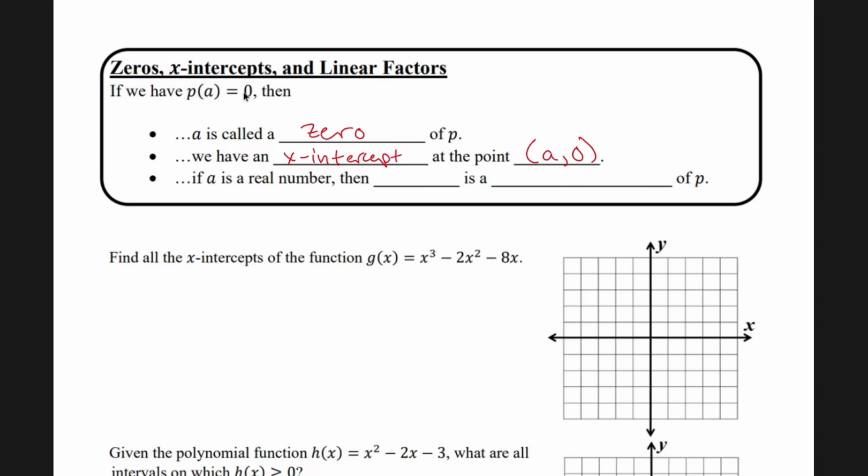So if you plug in 3 and get 0, that means 3 is a 0. All right, and if 3 is a 0, then you have a 0 that lives at (3, 0). And that goes through an x-intercept. If a is a real number, then x minus a is a factor of P, the polynomial.